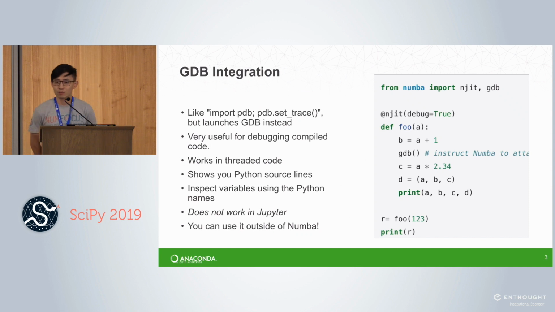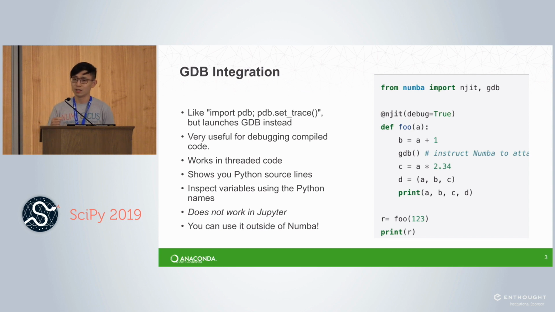The other thing that is less known is we now support GDB. In Python, you debug with PDB, the Python debugger. If you're on Linux and have done traditional C or Fortran programming, you have used GDB. And now you can actually do from numba import gdb, and use it like PDB. You can call it as a function.